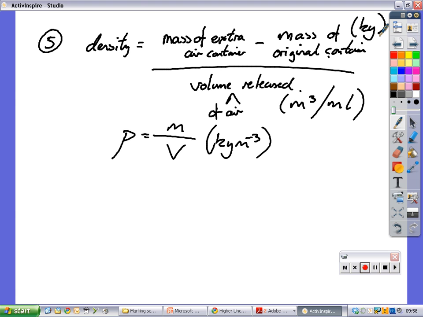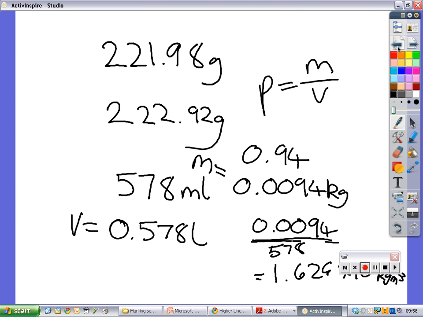So when we did that on the experiment, I did it and got the right answer. Exactly. So it's not meters cubed then? No, that's the units for density. This should be kept as meters cubed. Millilitres into litres, divide by 1,000.